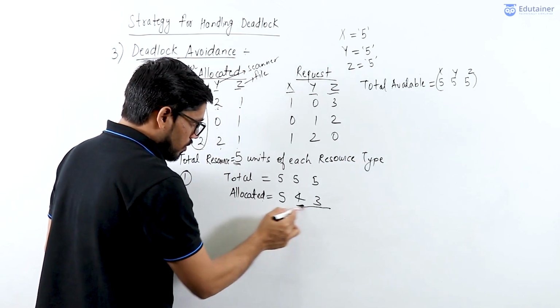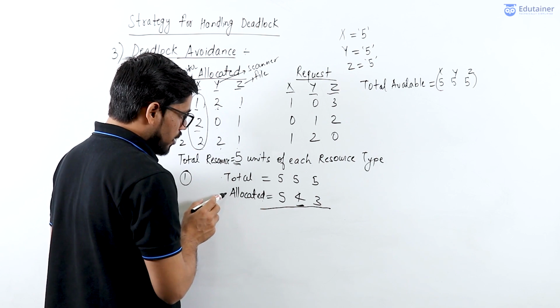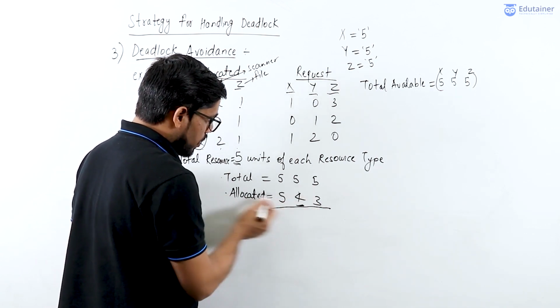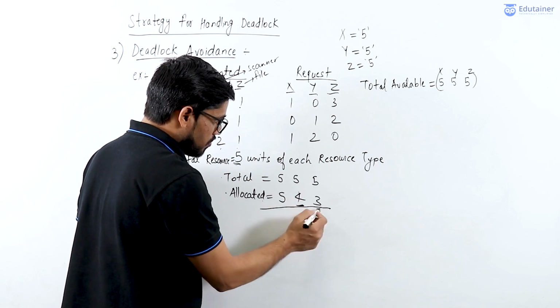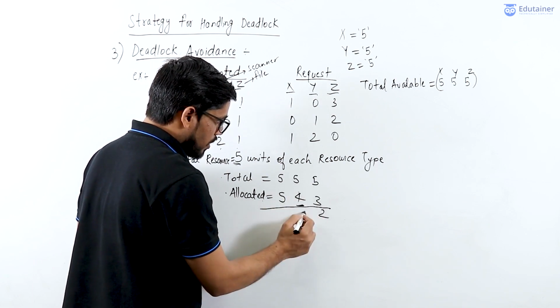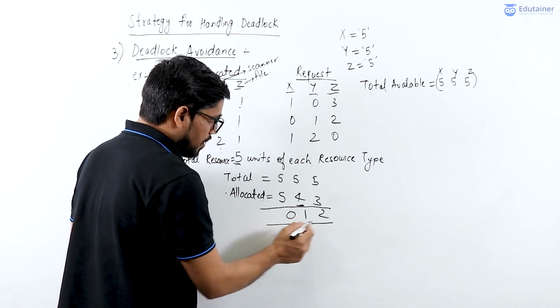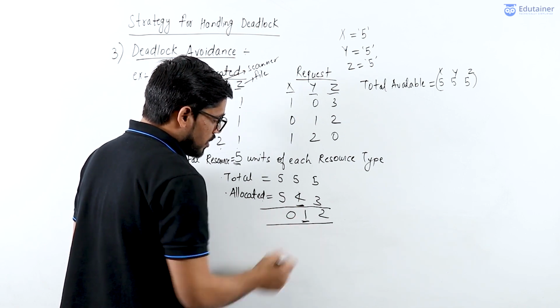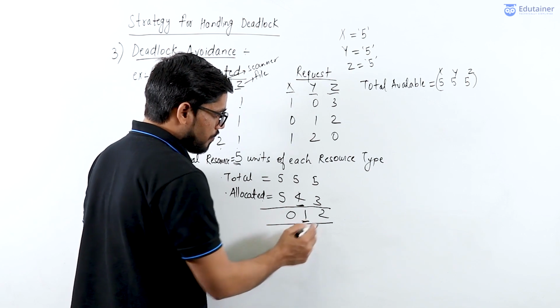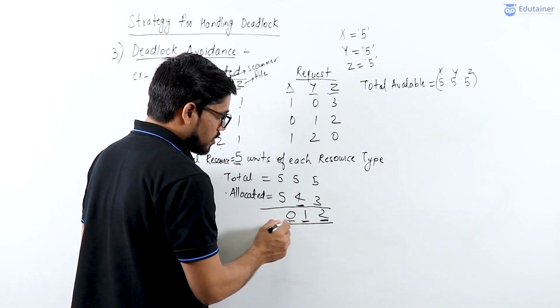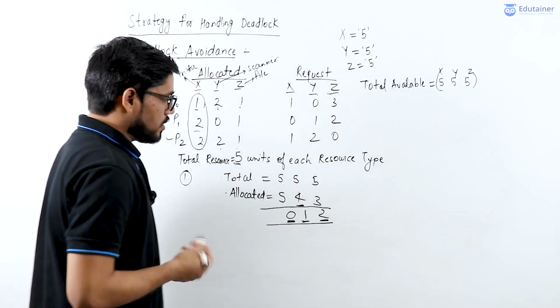Now, from the total, we need to subtract the allocated resources. So the result will be 5 minus 3 is 2, 5 minus 4 is 1 and 5 minus 5 is 0. So currently only one instance of resource Y is available, 2 instances of resource Z are available, and 0 instances of resource X are available.